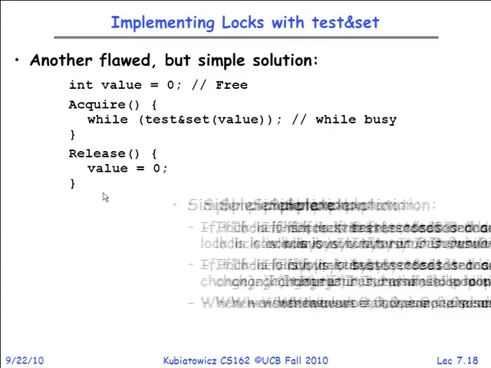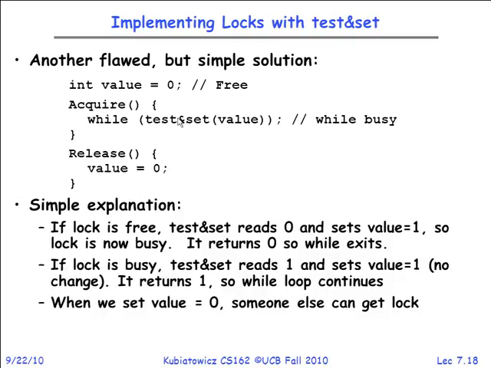Now this is a solution. It synchronizes, but it's bad because it busy waits. Does everybody catch that? While busy, we're busy spinning. So this is an example of a very bad solution that we don't want to have because we're wasting CPU time doing nothing. Okay?